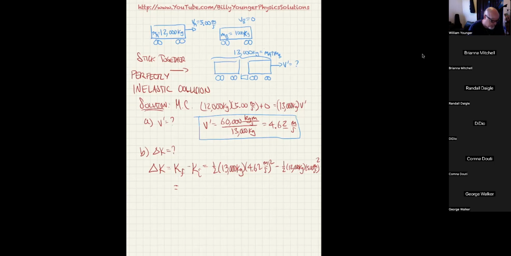That gives me about 138,739, way more sig figs than I really have. And that unit is joules, minus 0.5 times 12,000 times 5 squared. That gives me 150,000 joules.